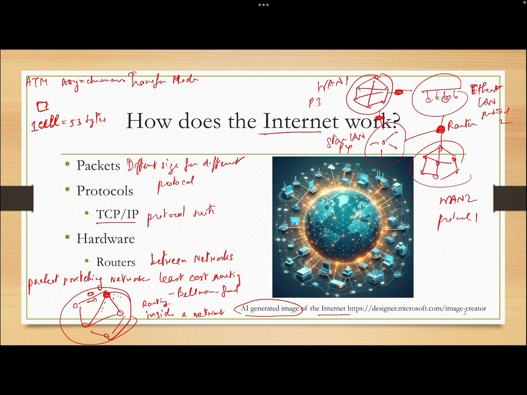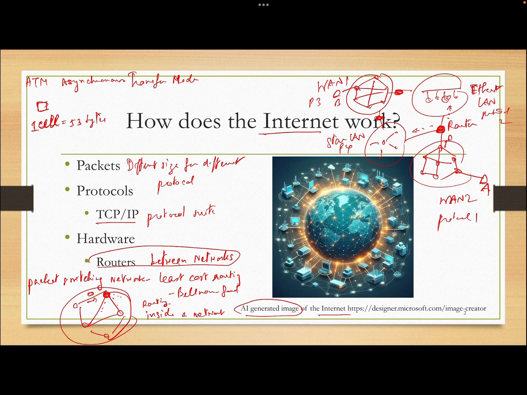But for the router, it is making decisions between networks. So it gets the packet from here, then decides which way to go, this way or this way, to reach the user that we want, because our sender may be here but the destination is here. This is between many networks.